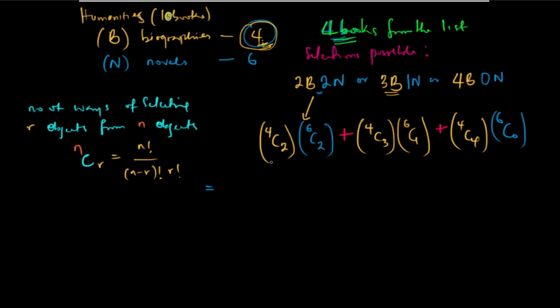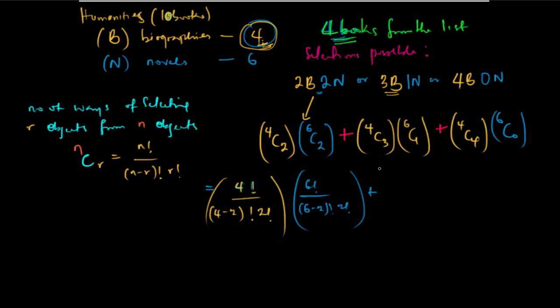So to interpret this, the formula says 4 factorial divided by 4 minus 2 factorial times 2 factorial, then times the next one, which is 6 factorial divided by 6 minus 2 factorial times 2 factorial.